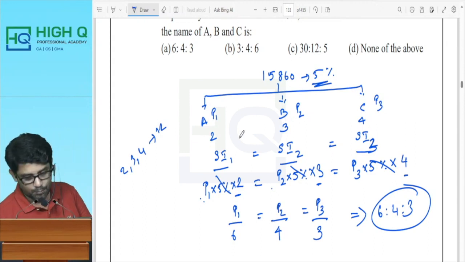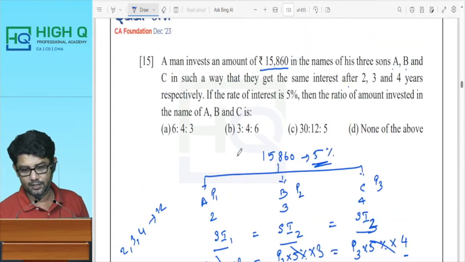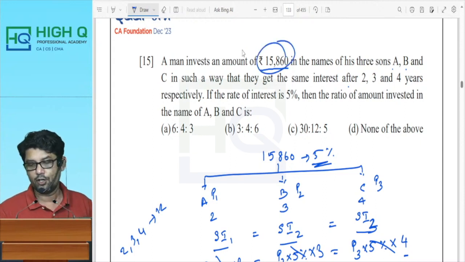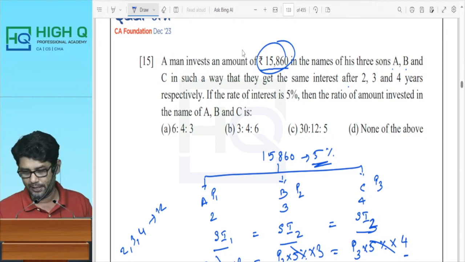Yes, there is one more method. But Uzma, here in this question, when I use the principle, it will be great. If you are not using the principle, the option test is a little complicated.